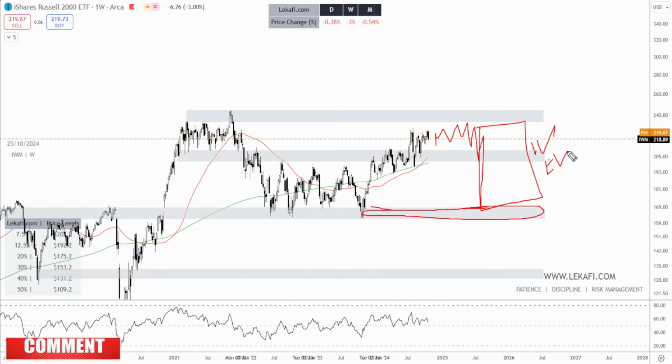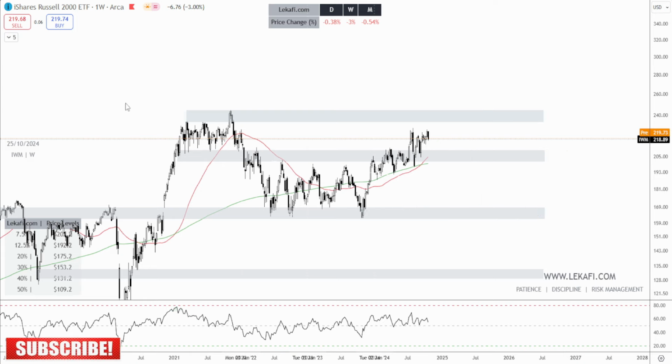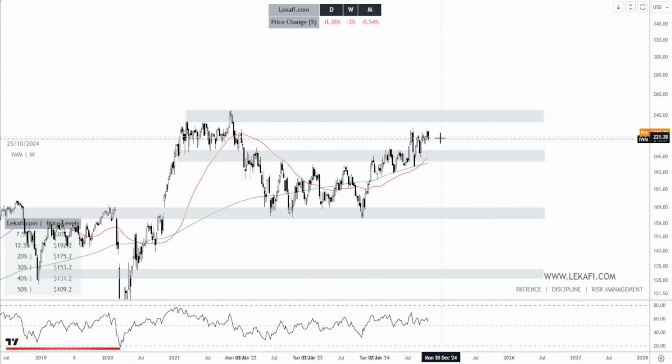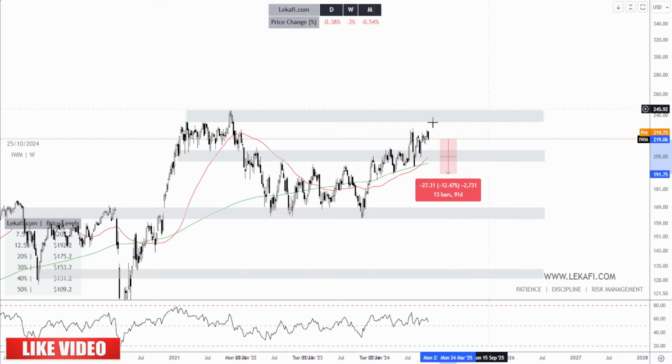If it drops 12%, let's get the ruler here to make things easy, 12% all the way down here, I'm going to capture all this extrinsic value here, plus the intrinsic value.